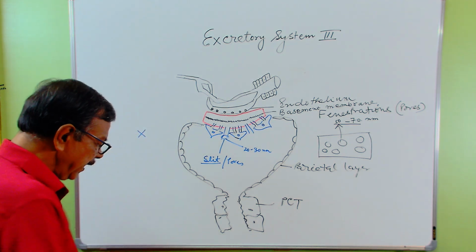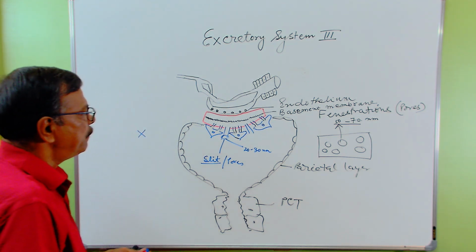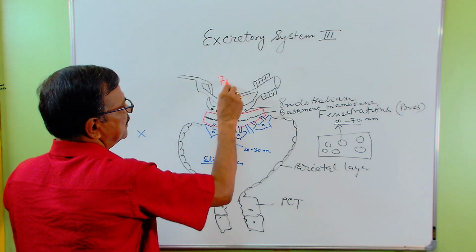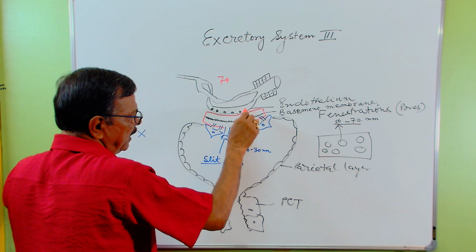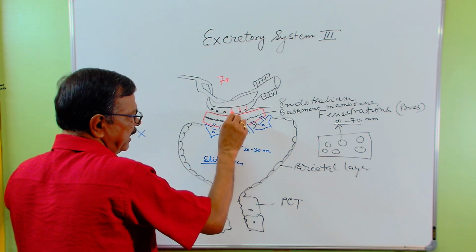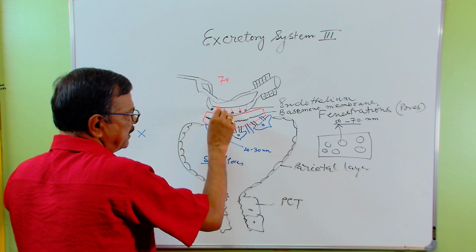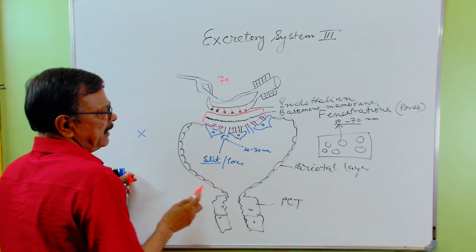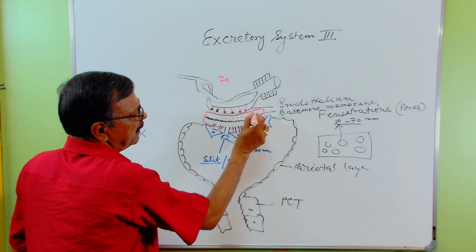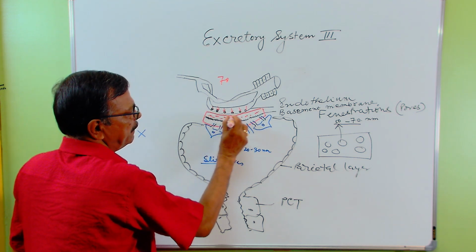So if glomerular filtrate has to pass through, because of the high pressure system here, 70 mm of Hg, it passes through the fenestrations of the endothelial cells of the glomerular capillaries. They pass on to the basement membrane.